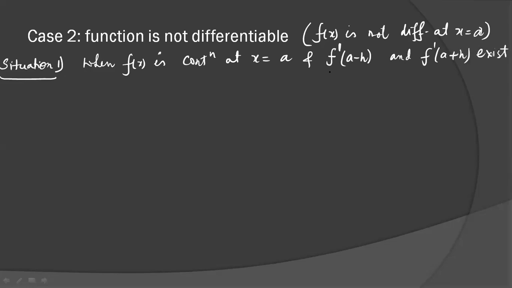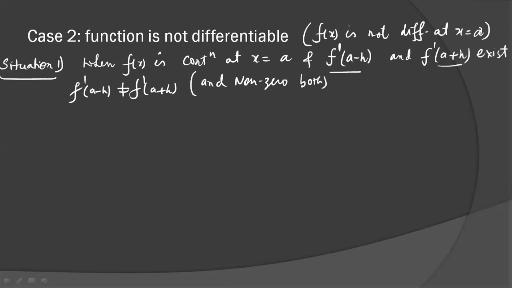What is the meaning? The left hand derivative and right hand derivative at a exist but are not equal, and both are non-zero. It means if the left hand derivative is not equal to the right hand derivative, the function is not differentiable but continuous at x equal to a, and both are non-zero.